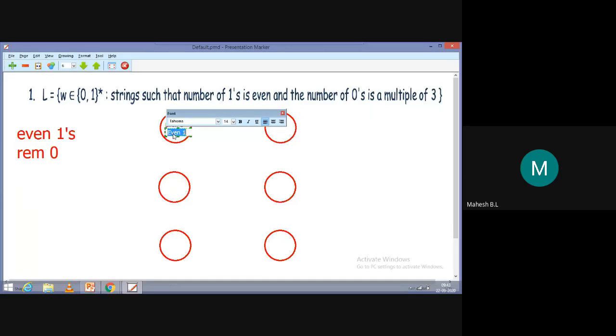The first state represents the situation where you have an even number of ones, and the number of zeros is such that the remainder is 0. So when you divide the number of zeros by 3, you get remainder 0.